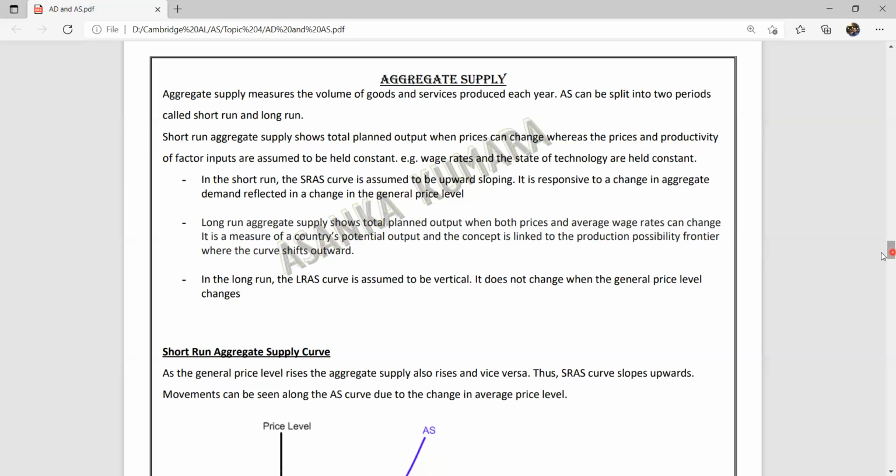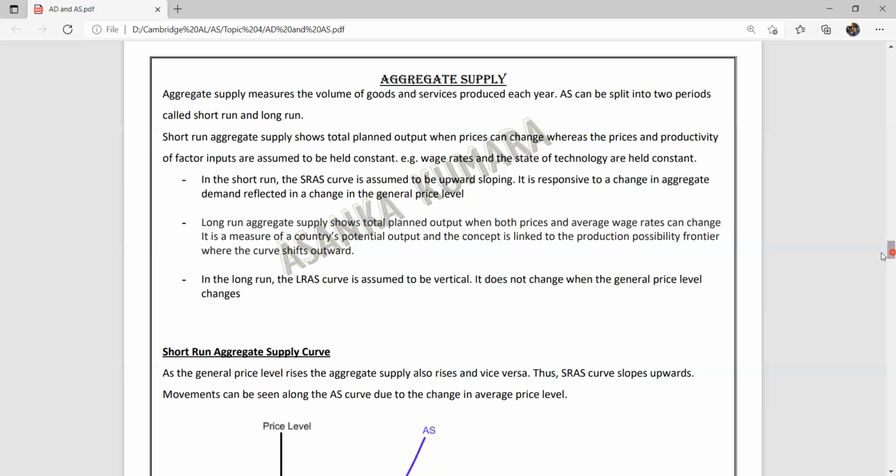Short run aggregate supply shows total planned output when price can change, whereas prices and productivity of factor inputs are assumed to be held constant. So in the short run, there are no changes in productivity. Even prices of factor inputs, especially wages, are held constant.